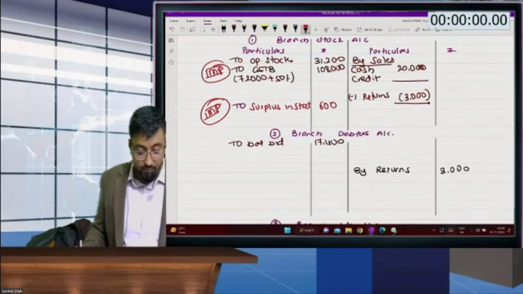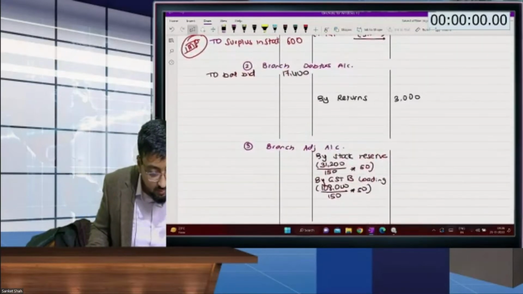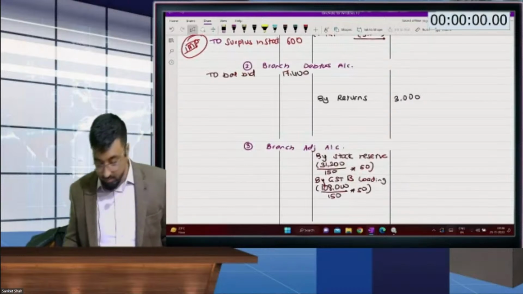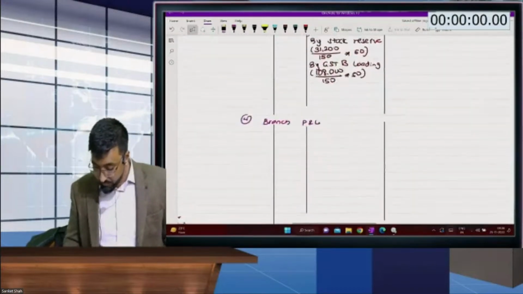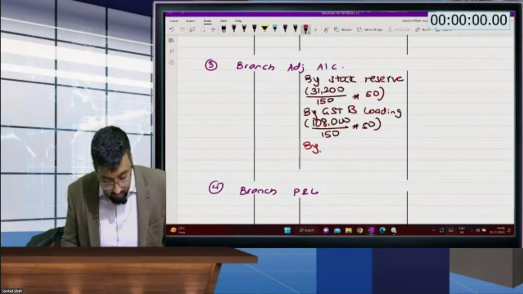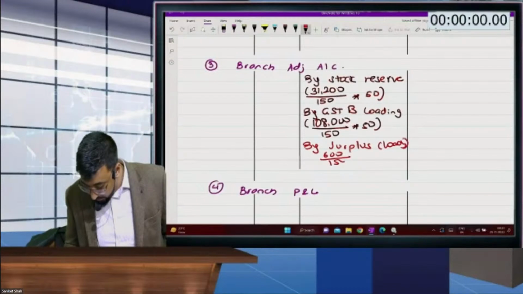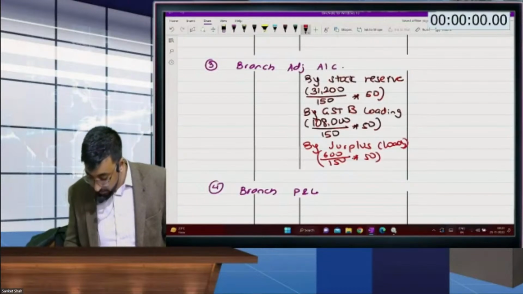Okay. Easy hai? Let's go, by surplus loading, 600 divided by 150 into 50.